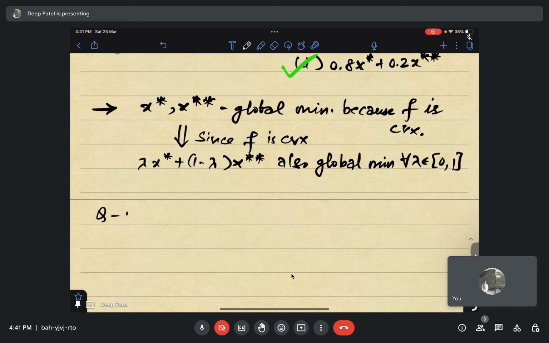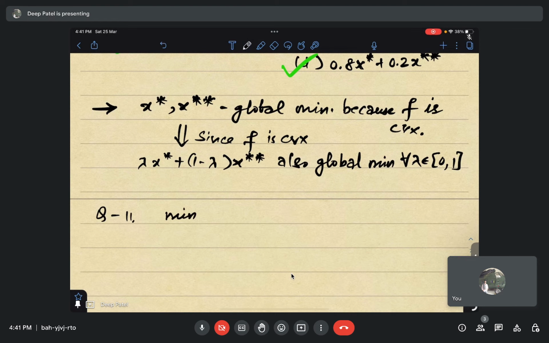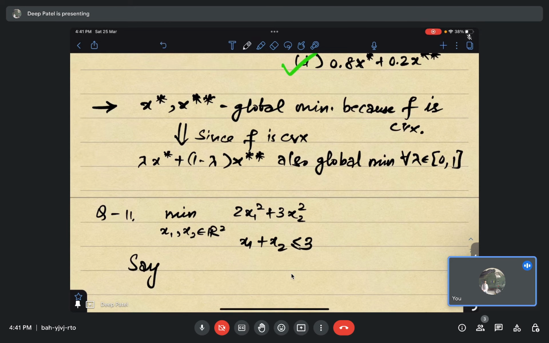Okay, question 11. In this constraint optimization problem, we say that there is a candidate point that satisfies the KKT condition.